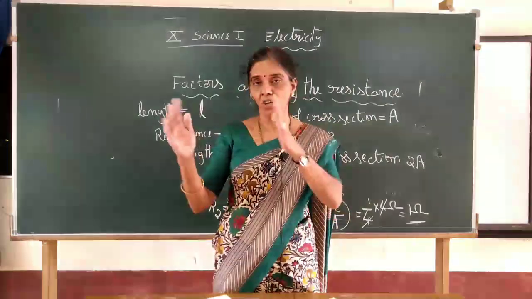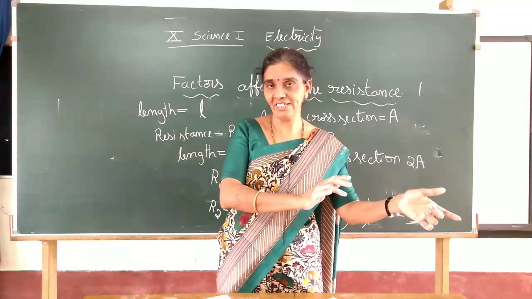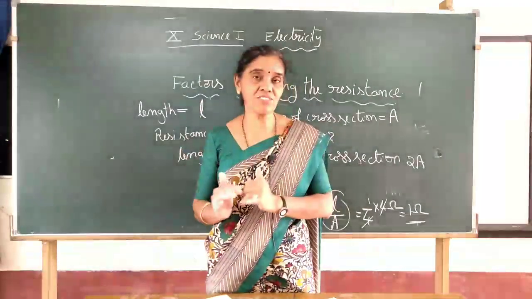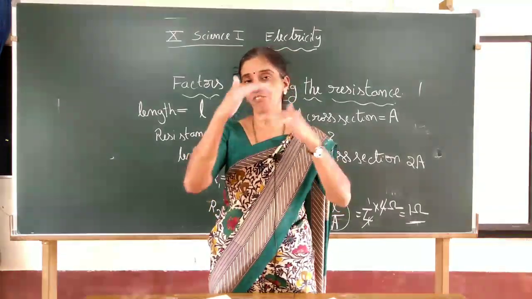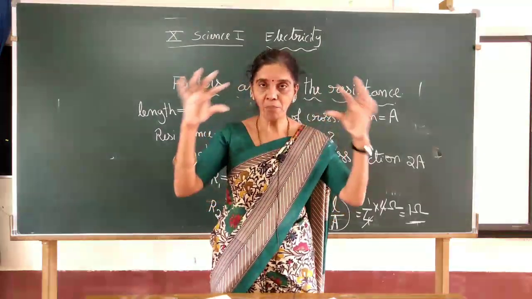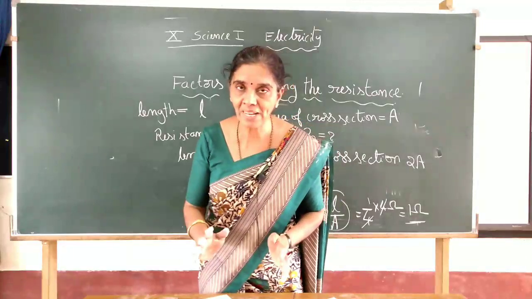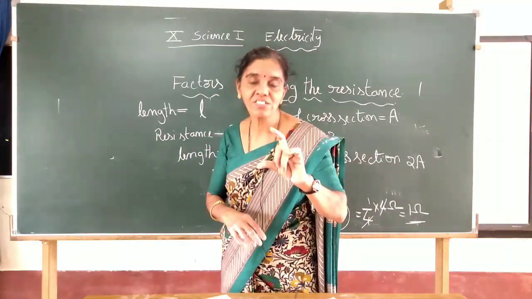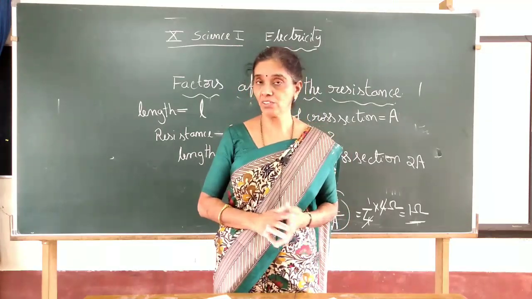In series, one resistor is next to another, end to end, and we have to see what changes in the current and what the total resistance of the system is. The next possibility is connecting the resistors parallel to each other, with the end points all connected together to the voltage source. Now how it works, what the total resistance of the system is, and which is better, and we'll solve some problems related to that.